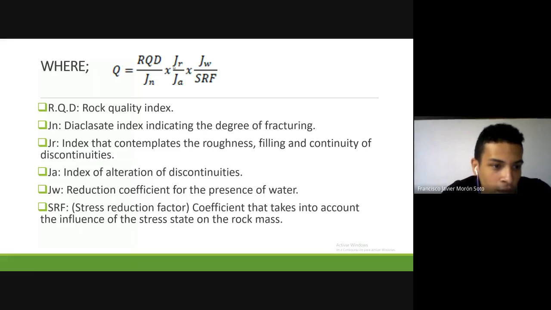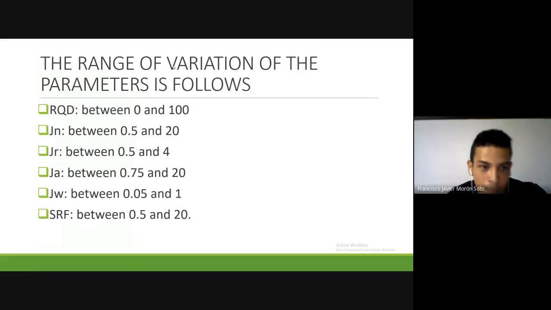Where RQD is the rock quality index, JN the joint set number indicating the degree of fracturing, JR the index that contemplates the roughness, filling, and continuity of discontinuities, JA the index of alteration of discontinuities, JW the reduction coefficient for the presence of water, and SRF the stress reduction factor, a coefficient that takes into account the influence of the stress on the rock mass.